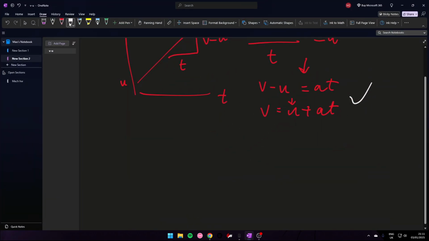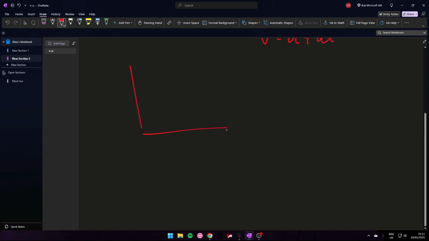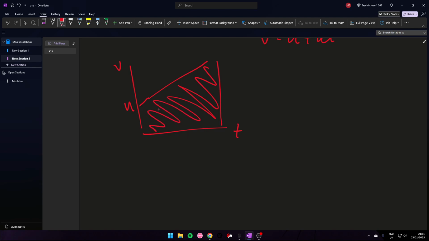Now we have the second equation. We're going to be using the graph again, and we're going to get the area. The area underneath the graph line is the displacement, s. So we have the area of a trapezium, which is half a plus b h, or you could write a plus b over 2 h.